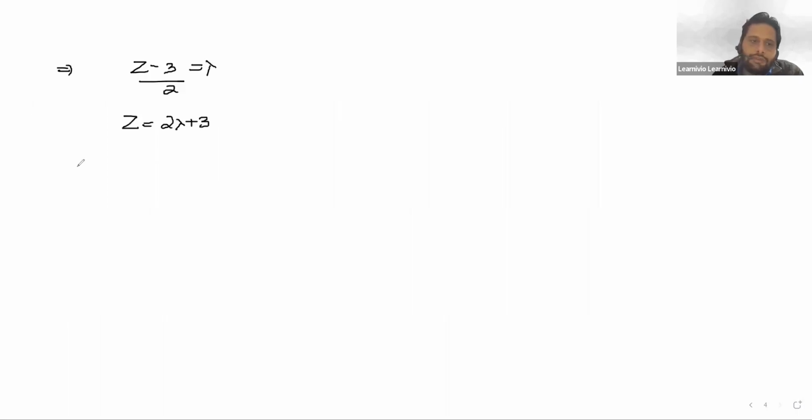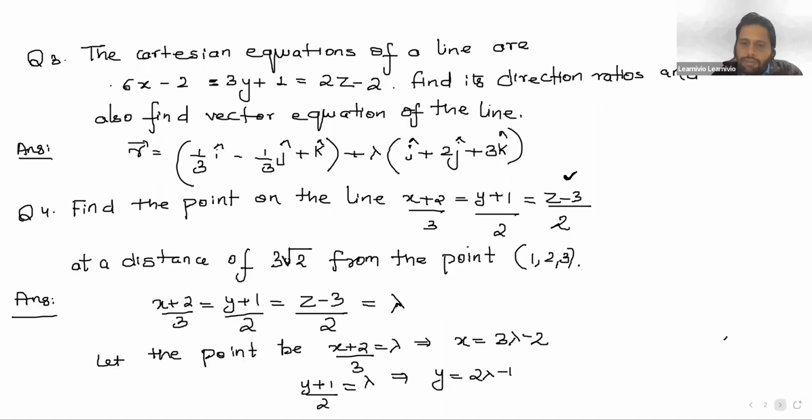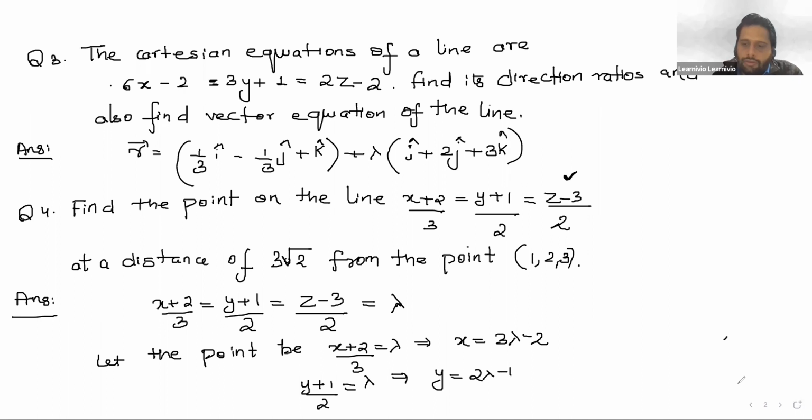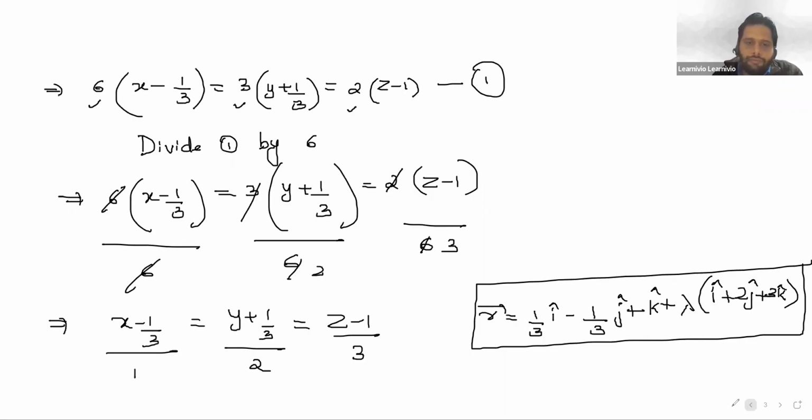Now the distance between the point which you have just found, x is 3 lambda minus 2, next is 2 lambda minus 1, and next is 2 lambda plus 3, and the point (1, 2, 3) is 3 root 2.